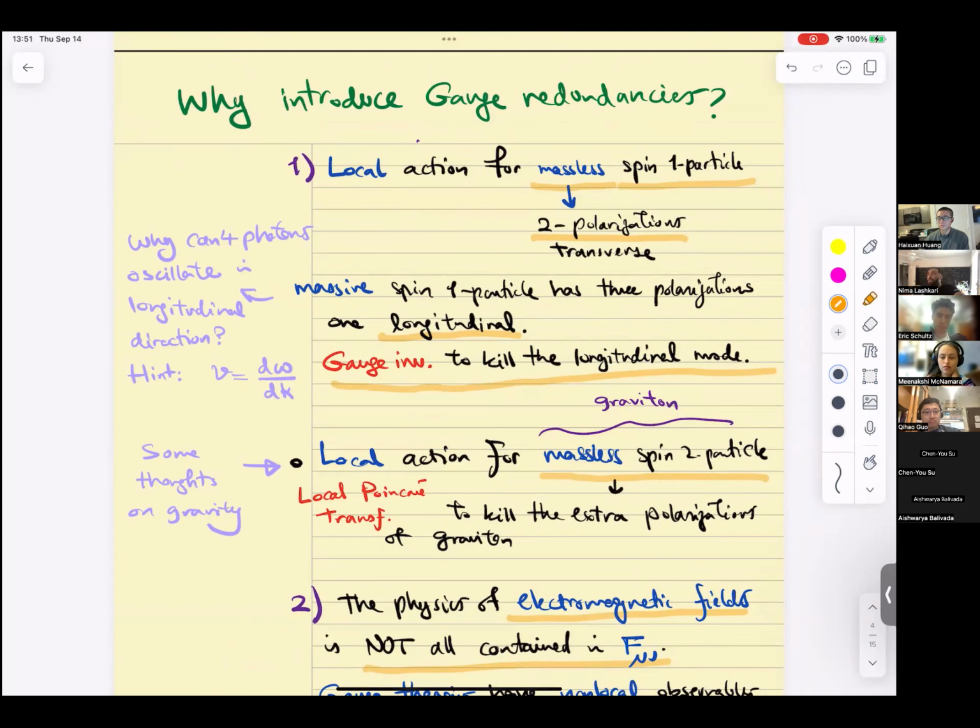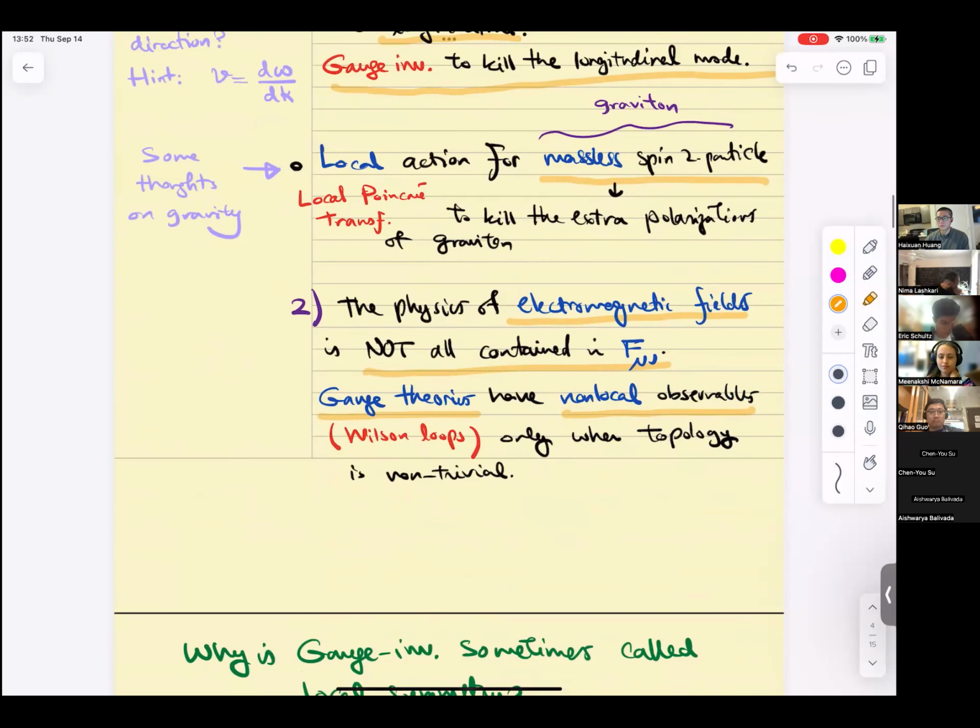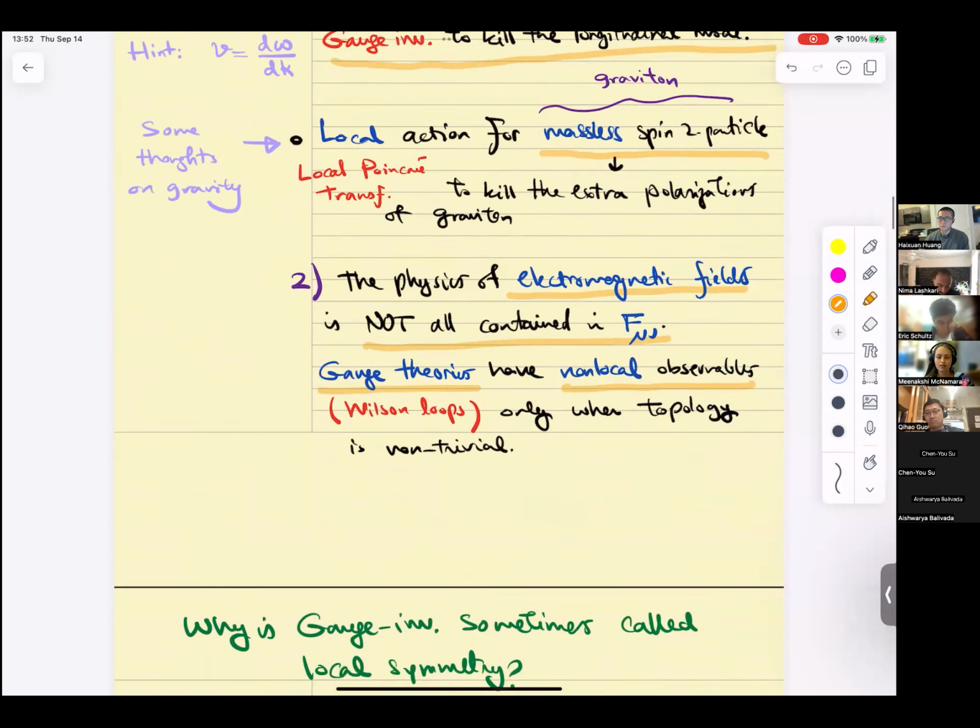Any questions? All right. These observables are going to be called Wilson loops. If you do know about them already, these are the observables that are non-local.